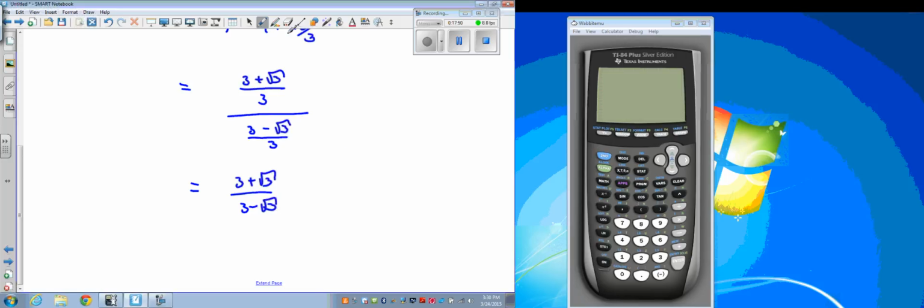And then we're going to do what? What are we going to multiply this by? 3 plus the square root of 3. Not 3 minus, because there's a 3 minus down there, we have to multiply it by 3 plus.